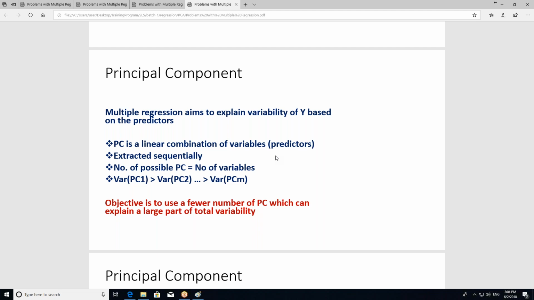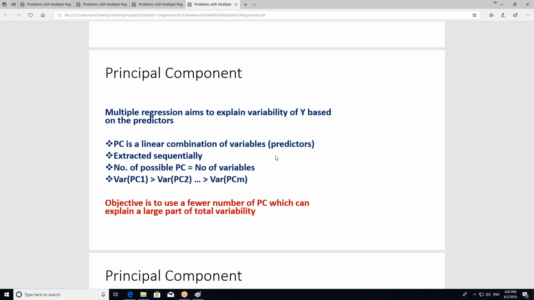Whatever variables I have taken in my auto data set, they are all explaining the variation of my response variable. Now I'm going to take all those variables and create some derived variables. They are nothing but principal components, and each principal component is going to explain some amount of variation in my response variable.